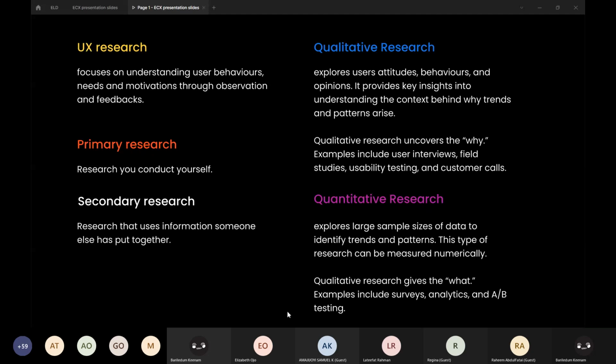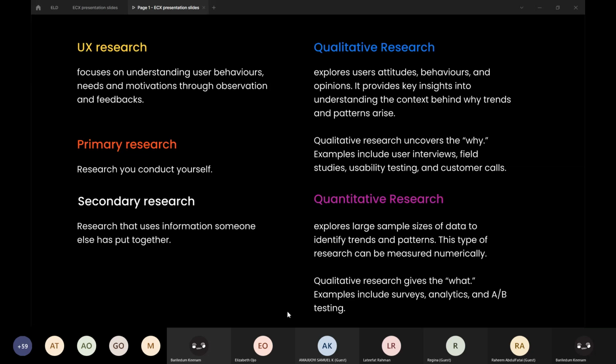Under UX research, we categorize research into qualitative research and quantitative research. What does qualitative research mean? It means it explores users' attitudes, behaviors, and opinions. It also provides key insights into understanding the context behind why trends and patterns arise.